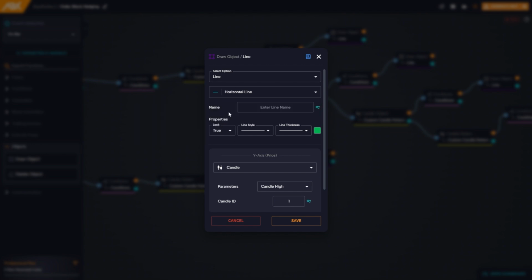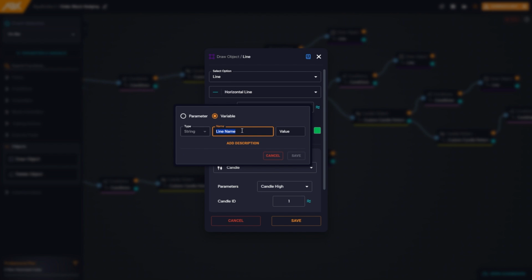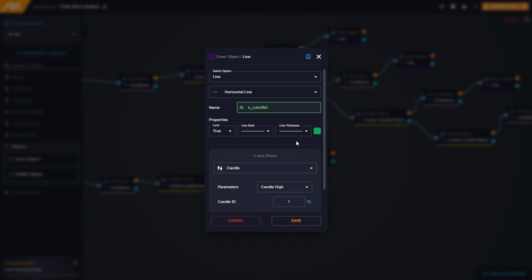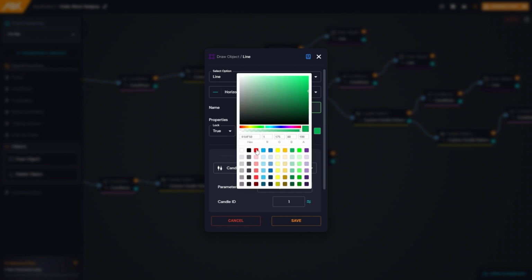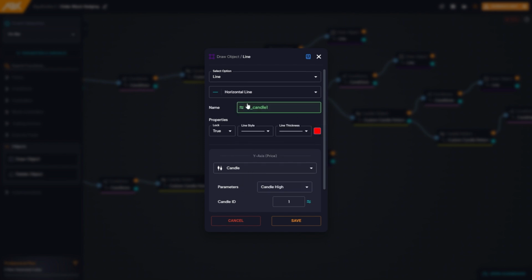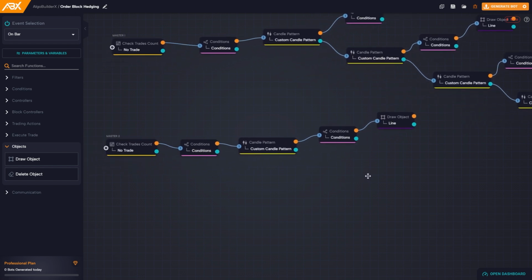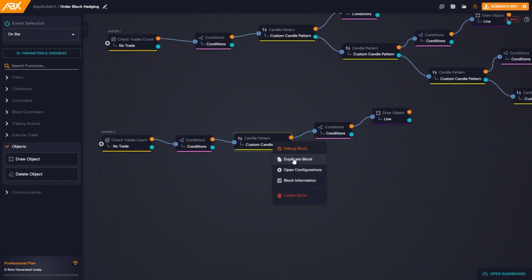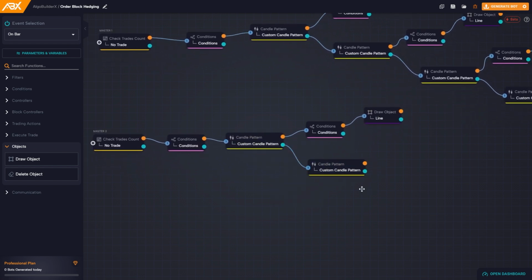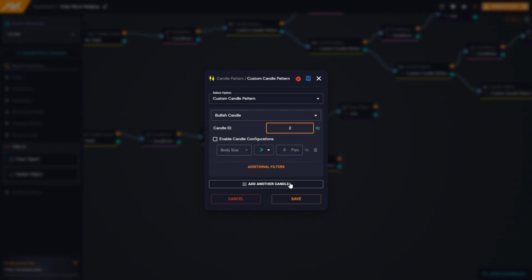Assign a new name to the line, and set it to draw at the candle low. Repeat this process for candle IDs 2, 3, and 4, just as we did earlier.